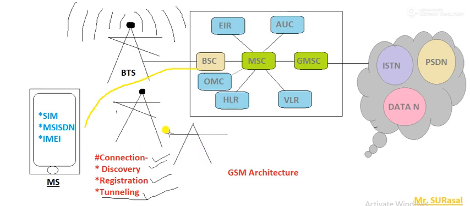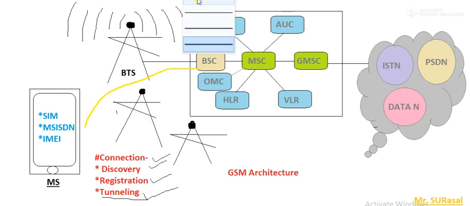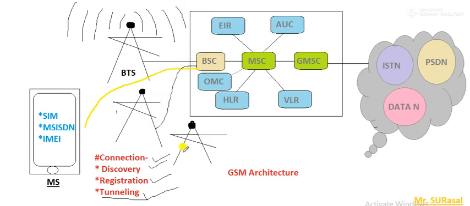It may include a set of wireless stations. All those wireless stations will be managed by this BSC, and those BTSs are connected to the BSCs. This is the role of the BSC, and it processes the data to the MSC further.